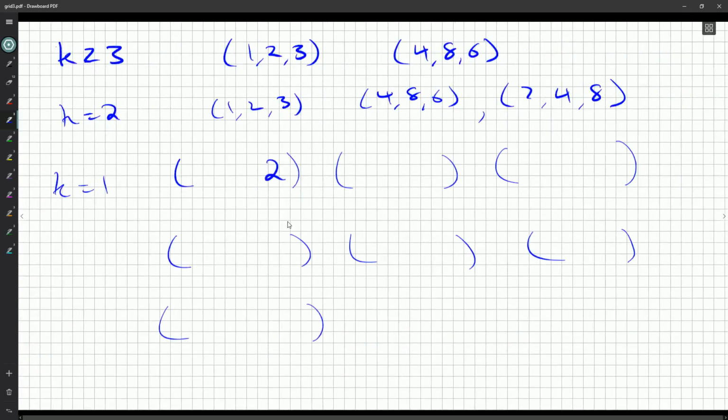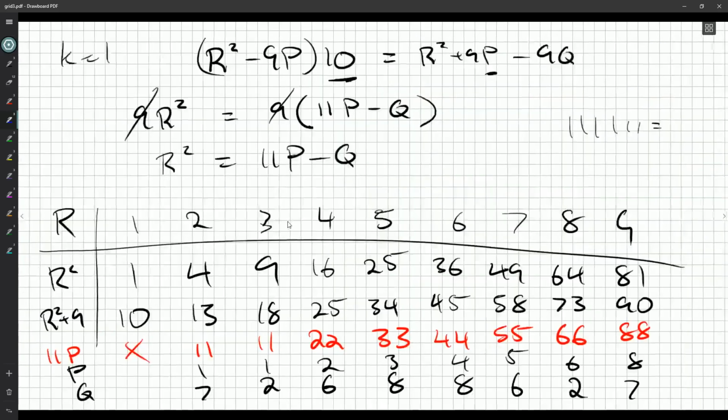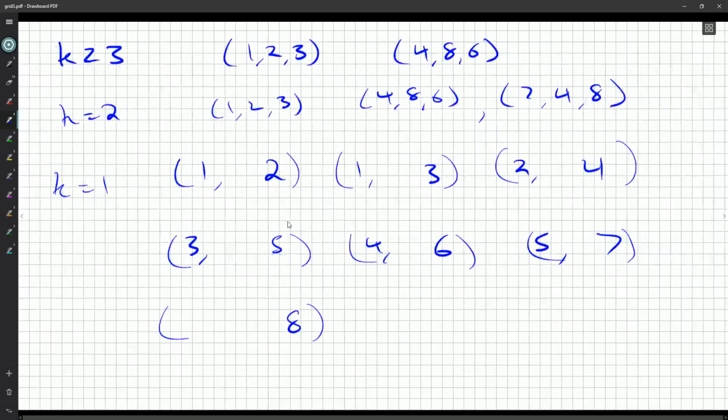So r could be 2, 3, 4, 5, 6, 7, or 8. It's 1, 1, 2, 3, 4, 5. Now something has gone wrong. Oh, I haven't listed the last one. 5, 6, and then it jumps up to 8.